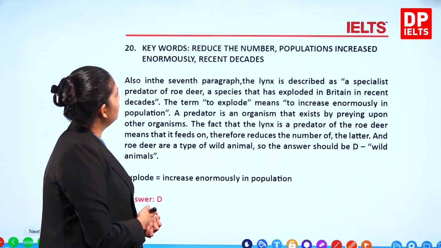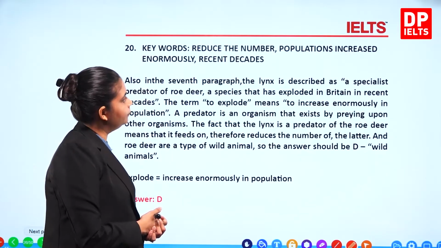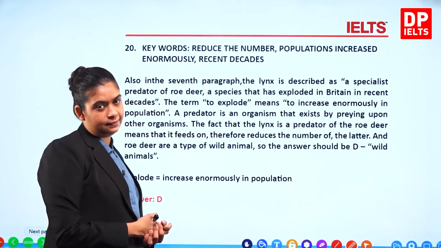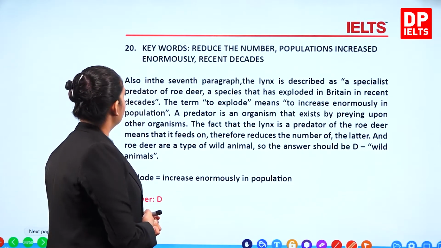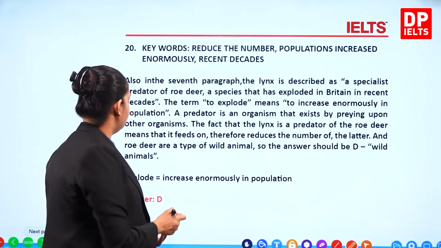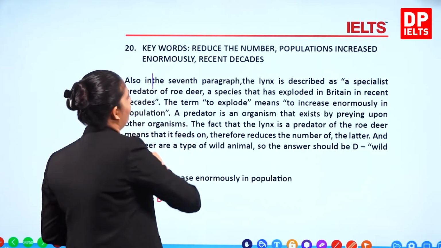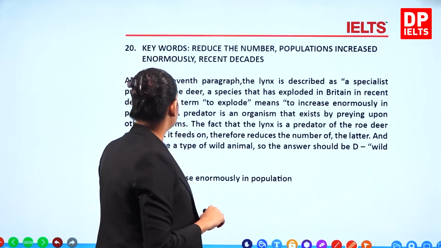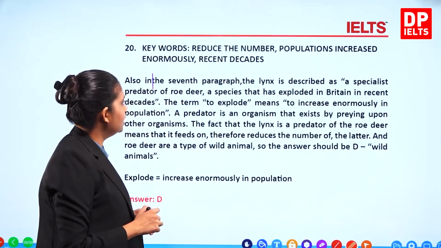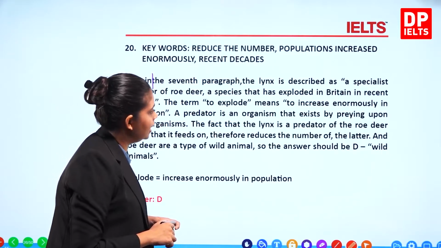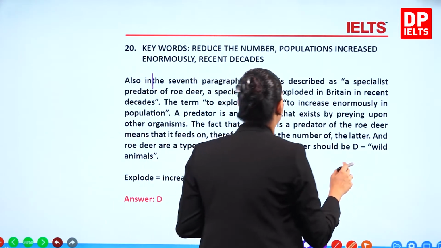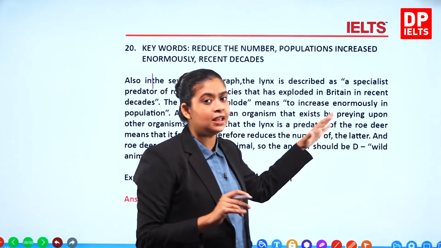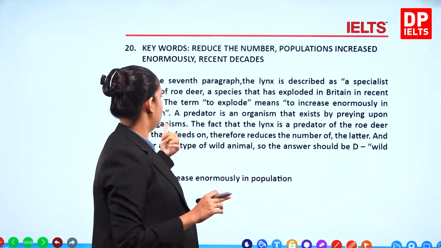20. So your keyword should be reduce the number. Populations increased enormously in recent decades. So, when you go to the 7th para, the lynx is described as a specialist predator of roe deer, a species that has exploded in Britain in recent decades. So explode means it has increased enormously in the population.